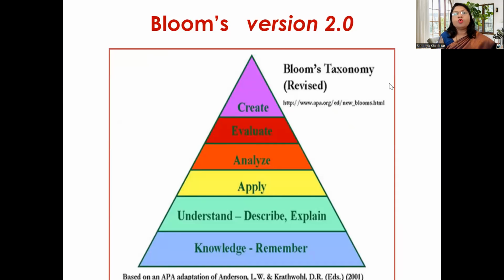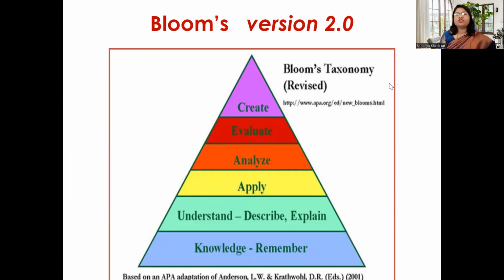So if we think of Bloom's version 2.0, the revised version says knowledge, understanding, application, analyzing, evaluation, and creation. The ultimate aim of learning and teaching is creation. Create something.